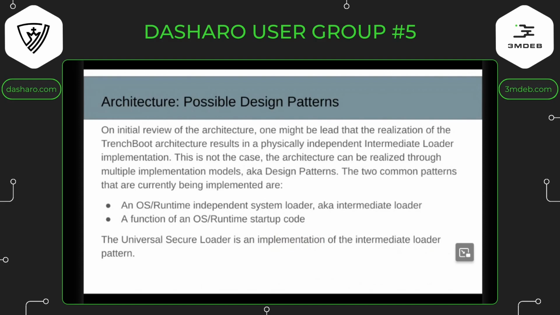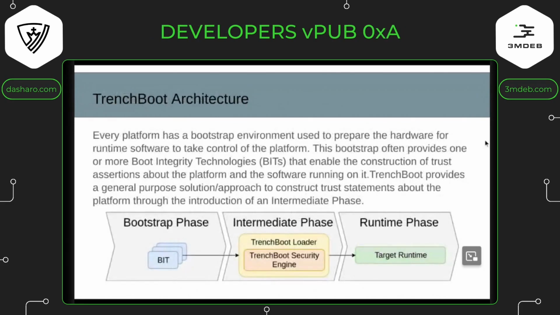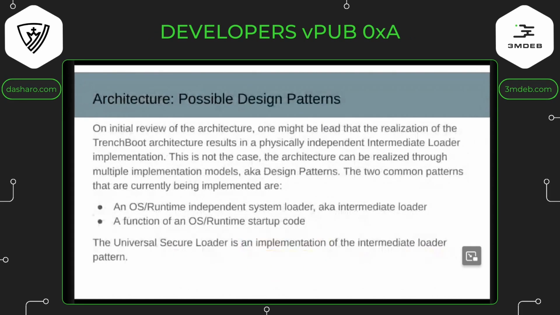So if you look at that previous diagram, the whole runtime phase, the target runtime and the intermediate phase, could all be thought of as being part of the OS kernel. That was the approach we took, to allow this flexibility. And then the Universal Secure Loader itself was an implementation of the intermediate loader pattern.